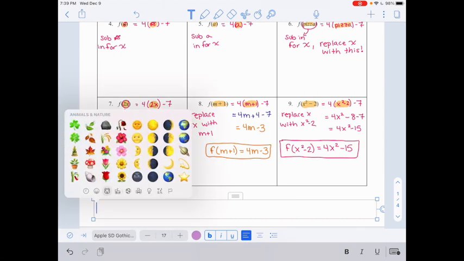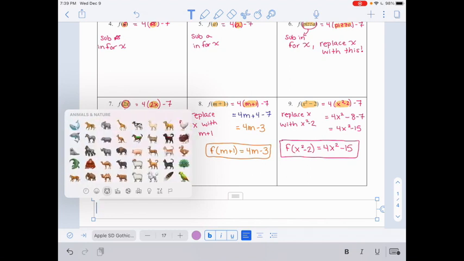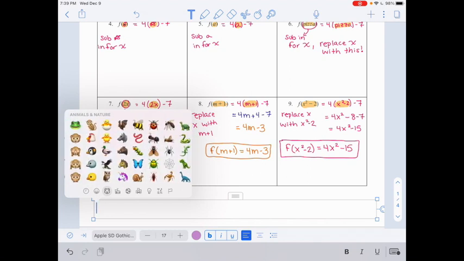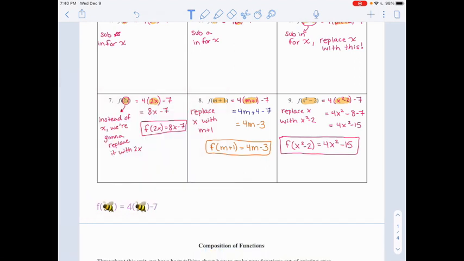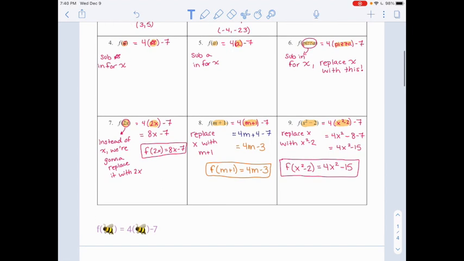We can do f of a bee, right? So f of a bumblebee would equal 4 times a bumblebee minus 7. I can put absolutely anything in place of that x.